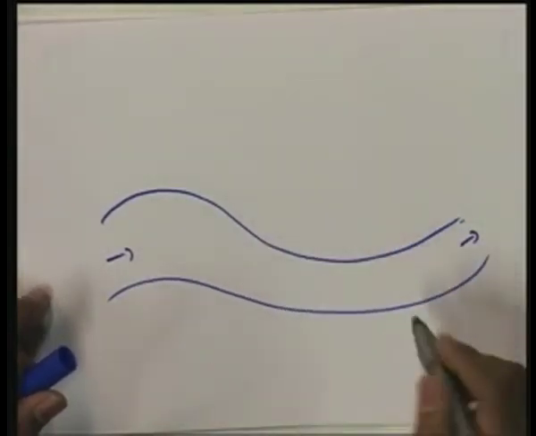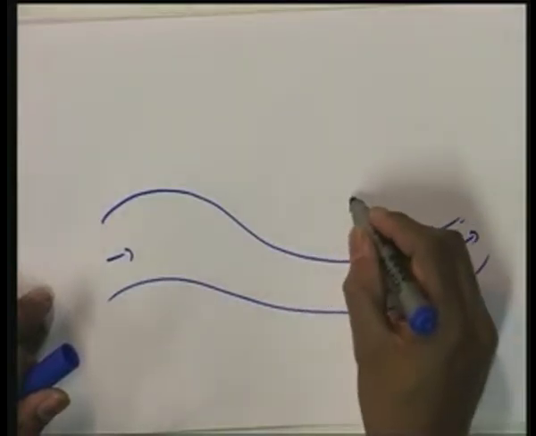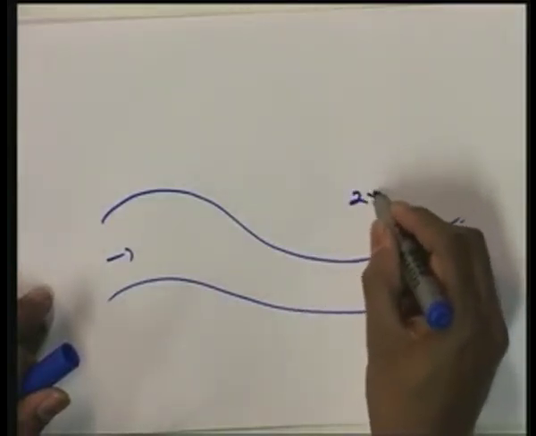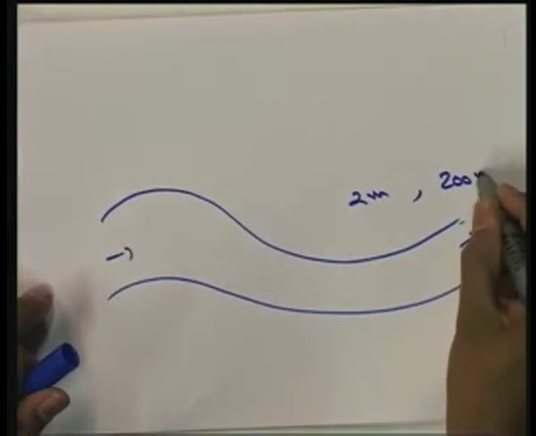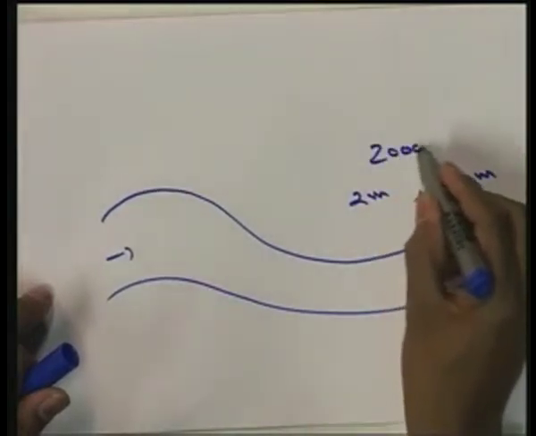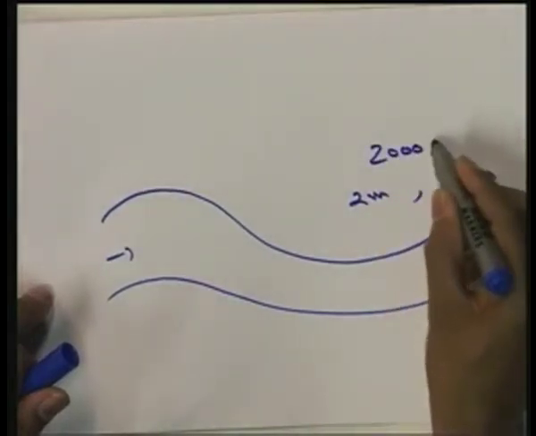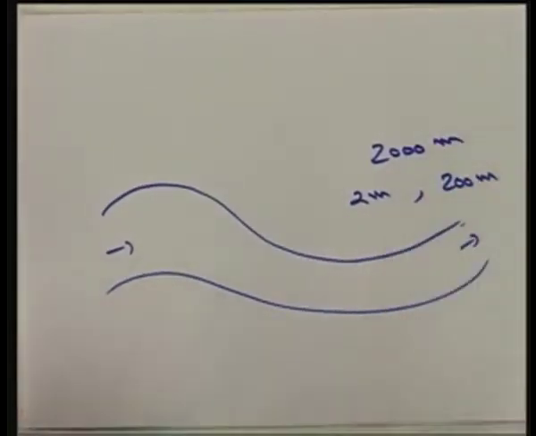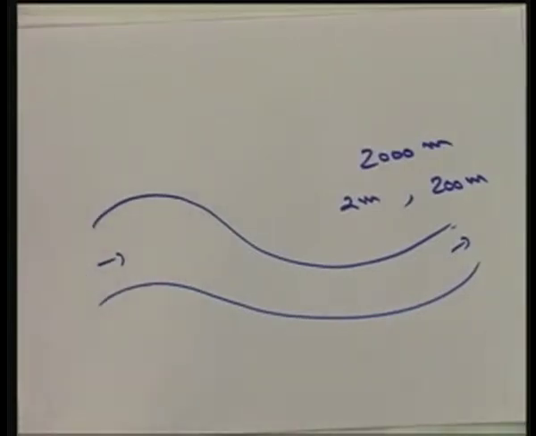If you use the same scale, the depth may be 2 meters, but the width may be 200 meters and the length maybe 2000 meters. If you use the same scale for length, breadth and depth, whatever we get will be very difficult to interpret and the modeling will be difficult.